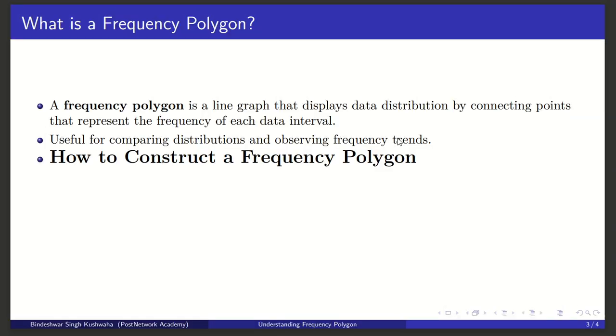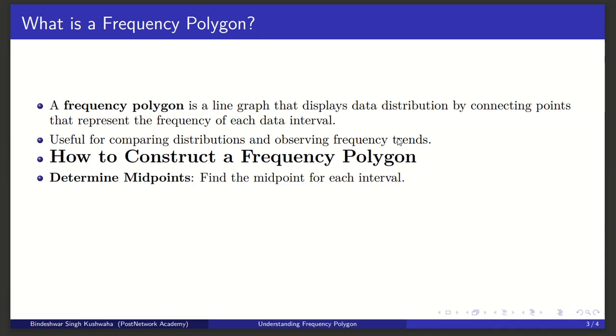Now, how to construct a frequency polygon? That means the steps to construct a frequency polygon. First of all, we will determine midpoints.